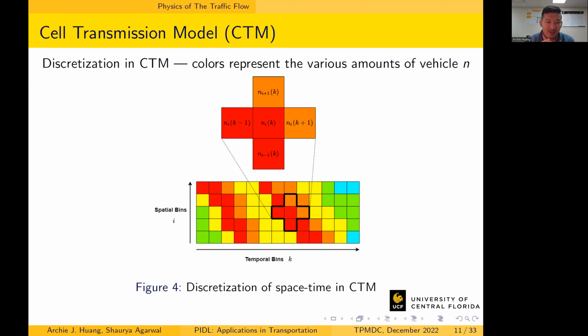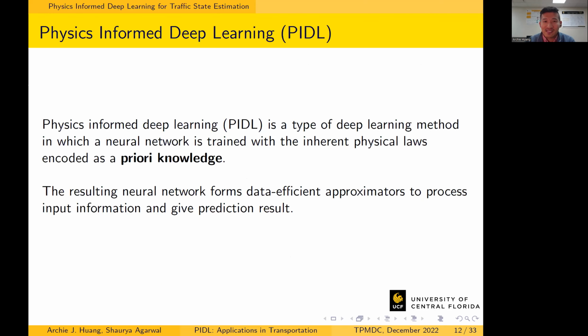I think that's enough background to jump into PIDL and to see what makes physics-informed deep learning a unique deep learning architecture. And let's move on to the next slide.